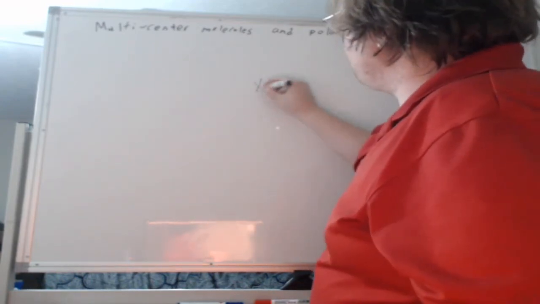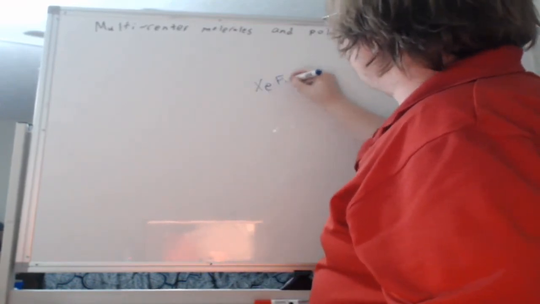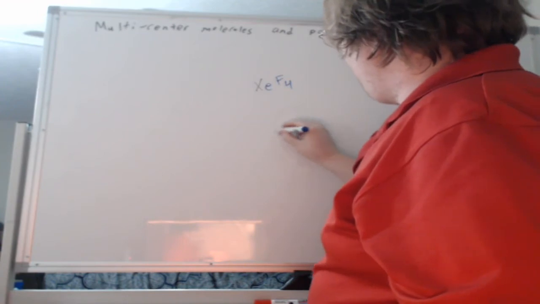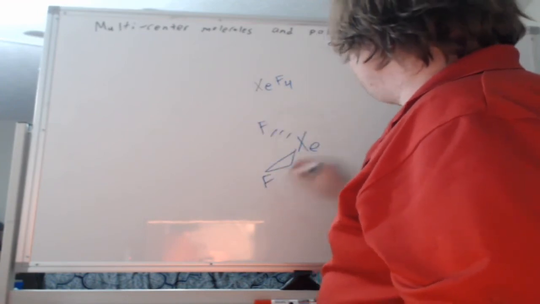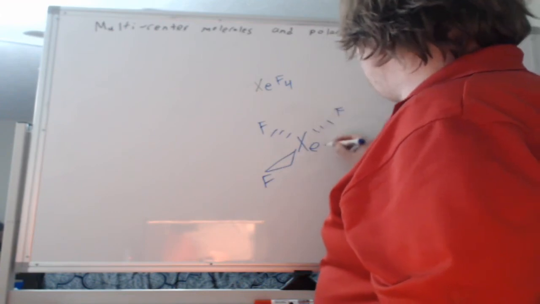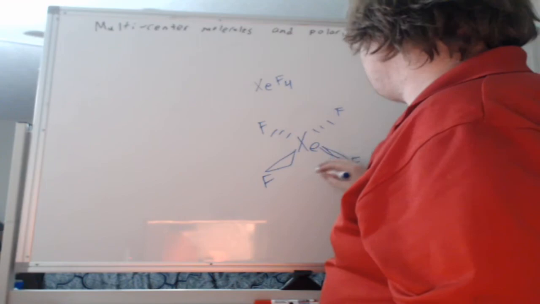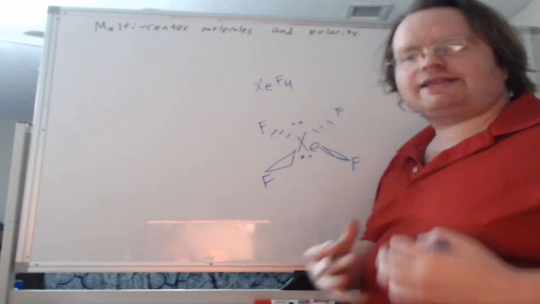So let's take the molecule, again, XeF4. So here we have a xenon in the middle, and you've got 4 fluorines here. Now, there are going to be some lone pairs, and we just said, oh, lone pairs tend to make for a polar molecule. The issue is these 2 lone pairs are exactly opposite each other.